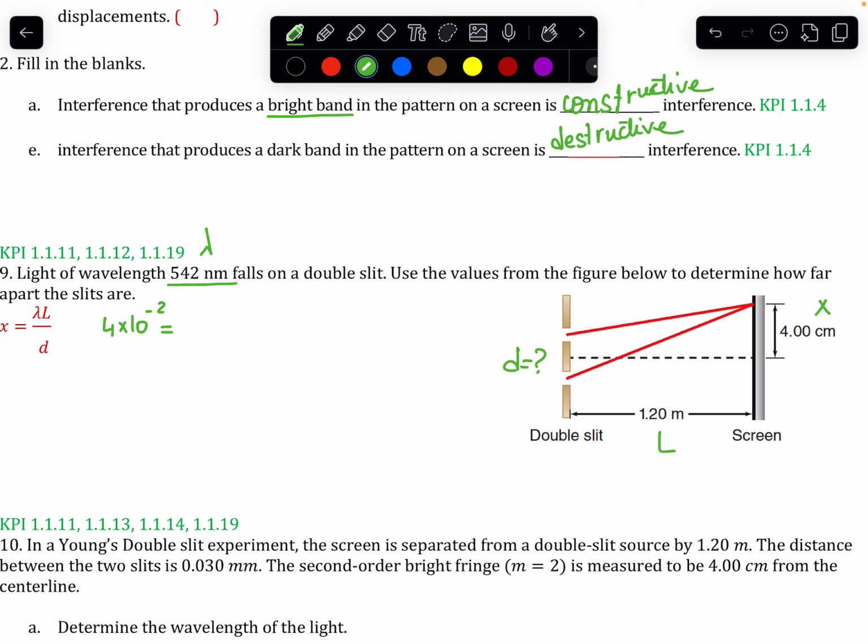Lambda is 542 nanometers. L is 1.2, divided by D. So D equals 1.6 times 10 to the power of -5 meters.